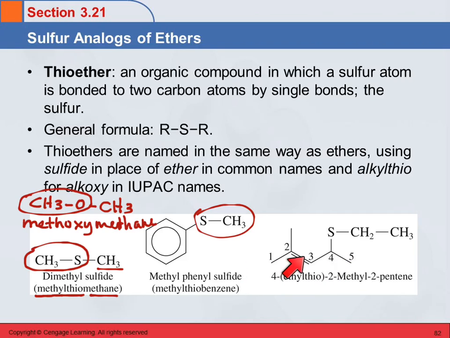This is pentene. It's got a double bond here. It's numbered in that way so that the alkene group, the double bond, is at number 2. So that's where we get 2-pentene. And then there's a methyl group on 2. So it's 2-methyl, 2-pentene. And then this is ethyl thio. So 4-ethyl thio, 2-methyl, 2-pentene.